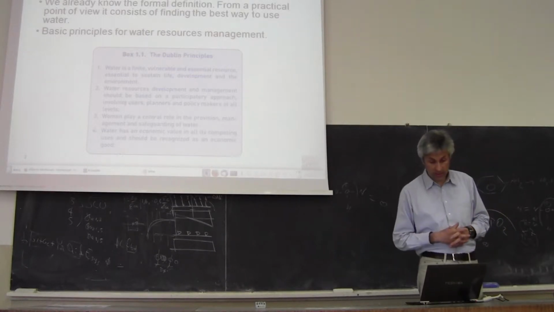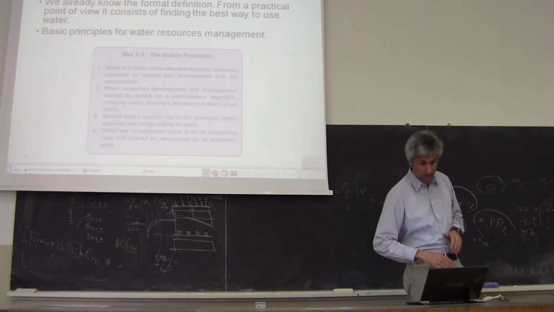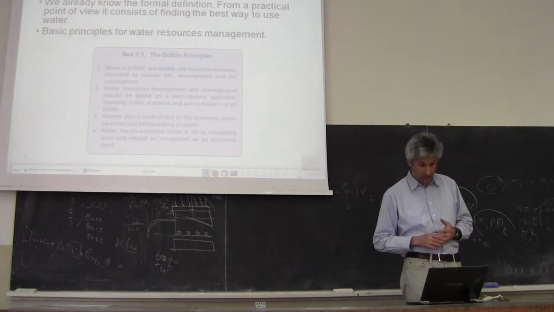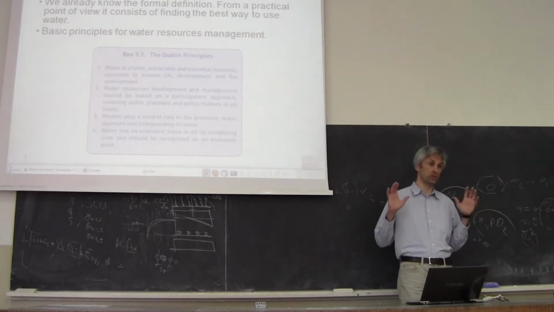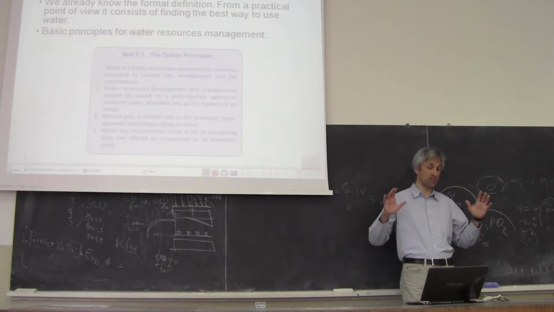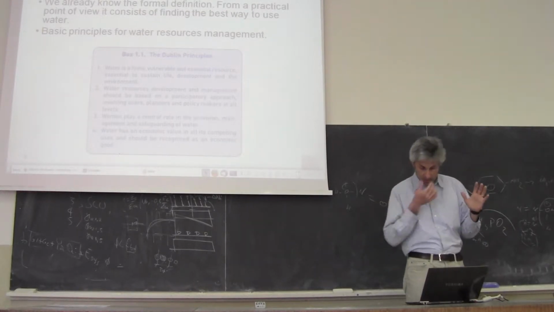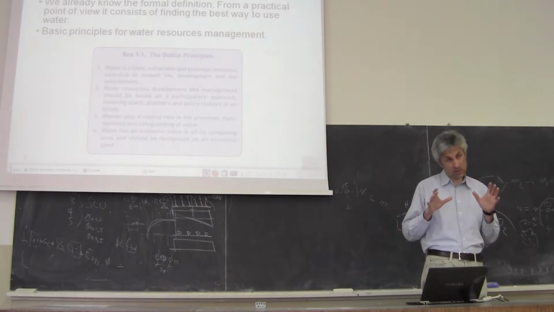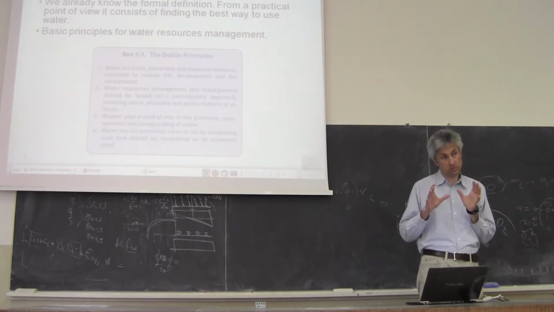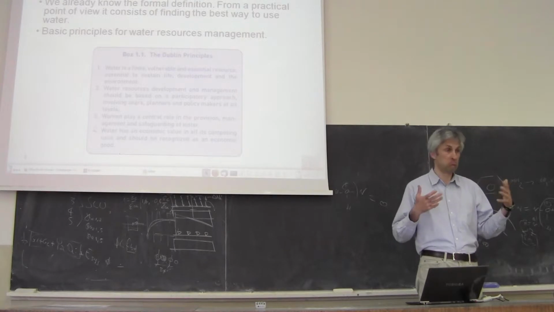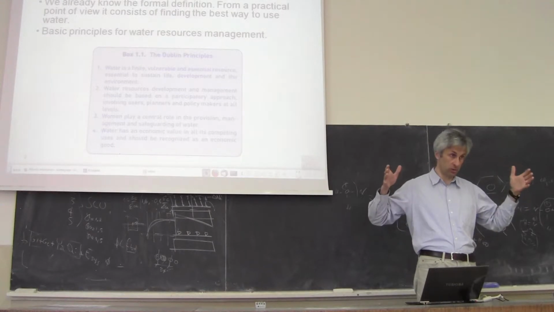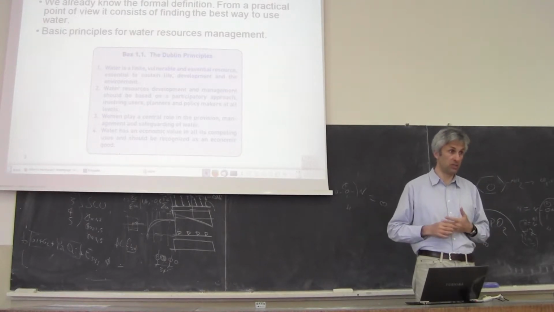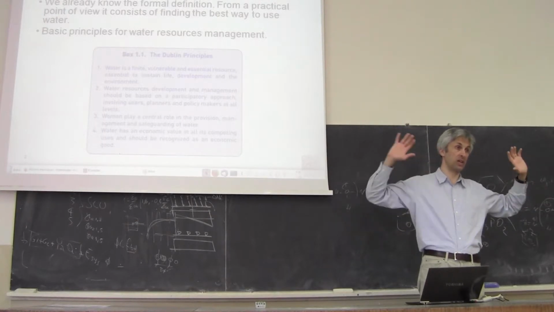First of all, water is a finite, vulnerable and essential resource, essential to sustain life, sustain development, and to ensure good conservation of the environment. This is basically trivial, but it's not so trivial that water is finite, because up to 30 years ago water was assumed to be an infinite good, infinitely available, at least at large scale.